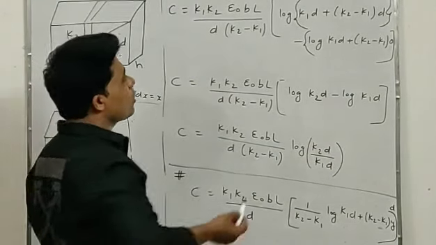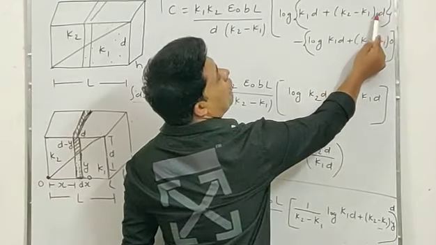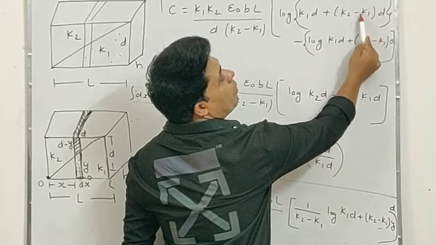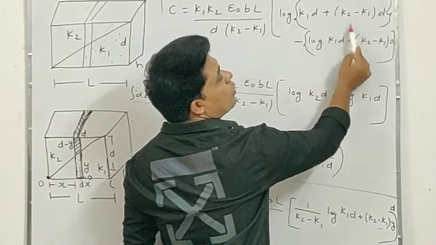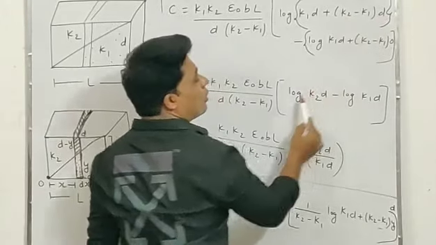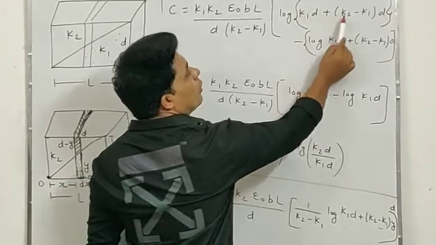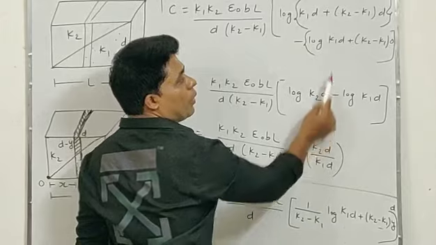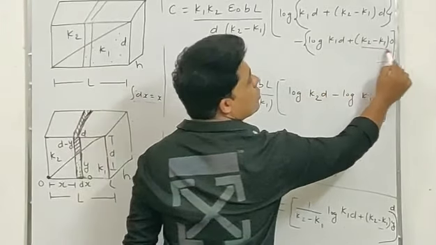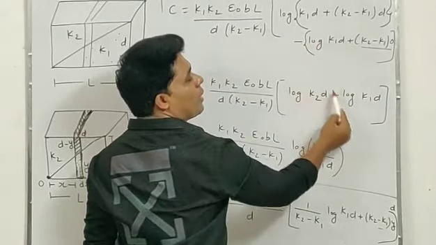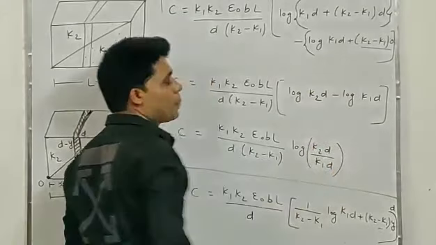Now K1 D plus K2 D minus K1 D, the K1 D terms cancel out, so it remains log K2 D, and the second term with 0 leaves minus log K1 D.